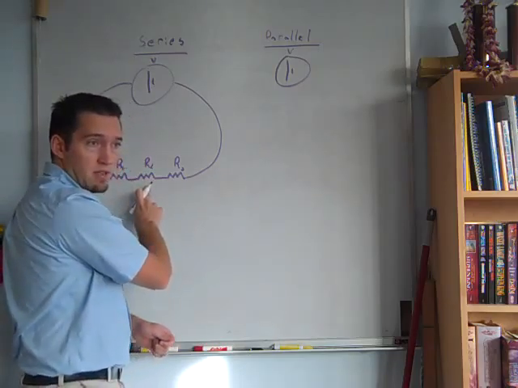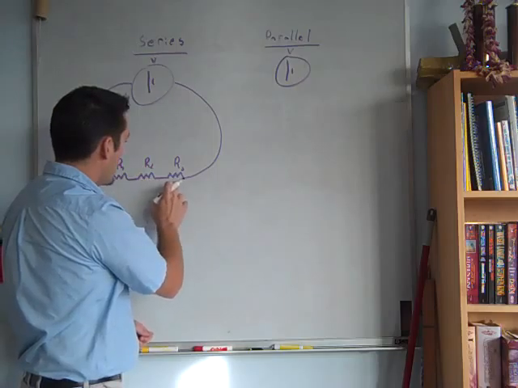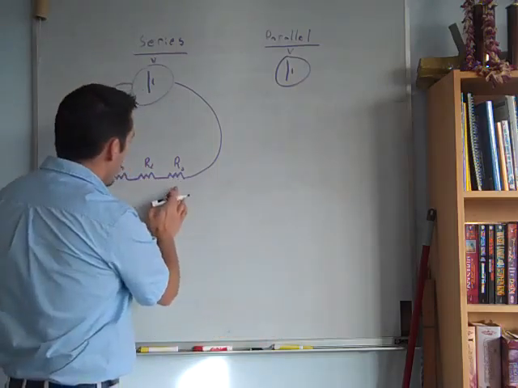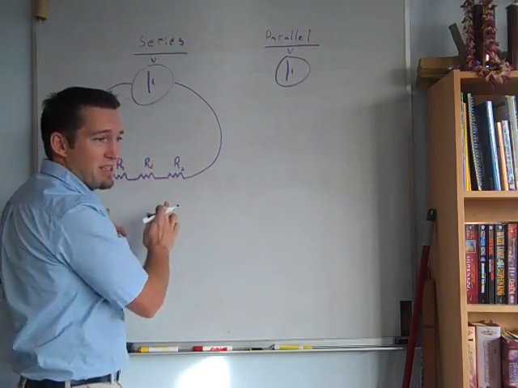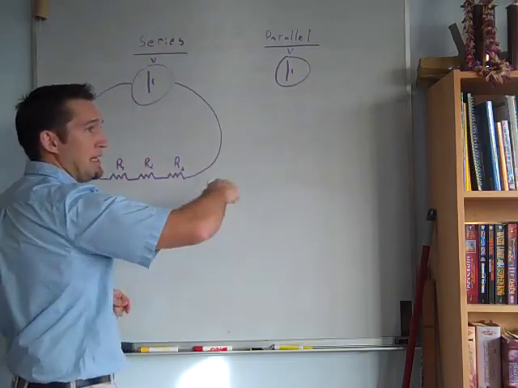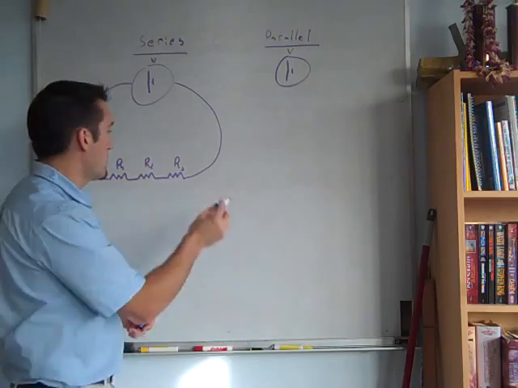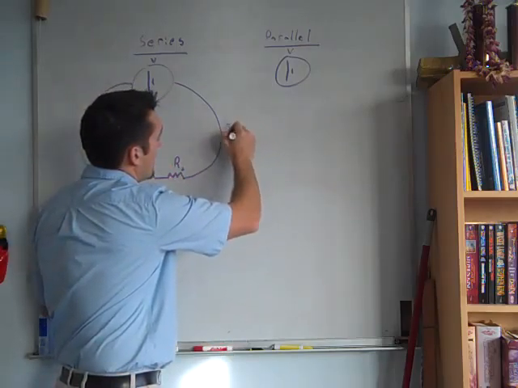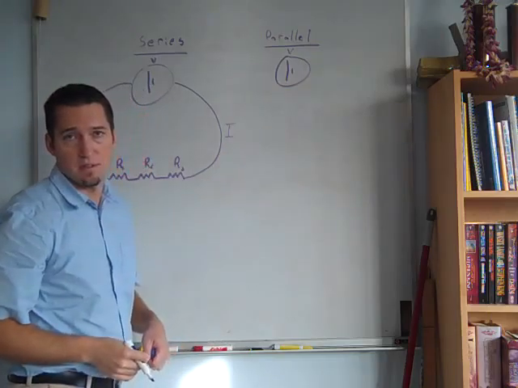The current here is going to be less than it was here. And the current here is going to be less than it was here. That's because these resistors are additive. They're adding together and impeding the current. So the total resistance of the circuit is going to give you I here.